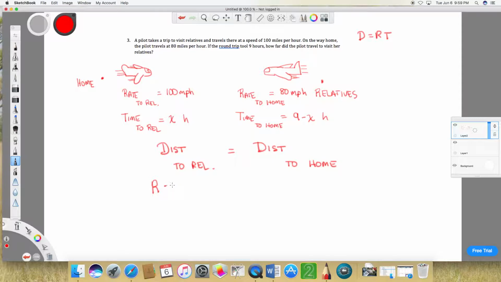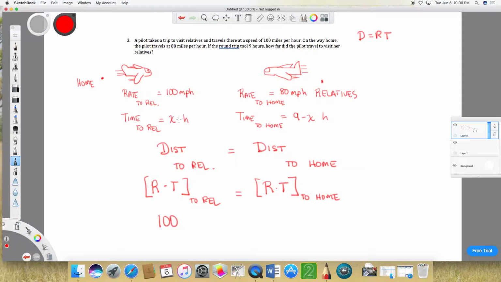We want to take the rate times the time from the picture of us going to see the relatives, and here the rate times the time go back home. So the rate here was 100.